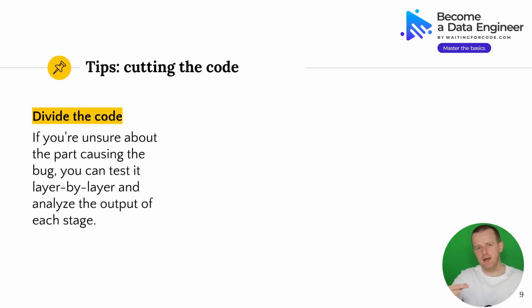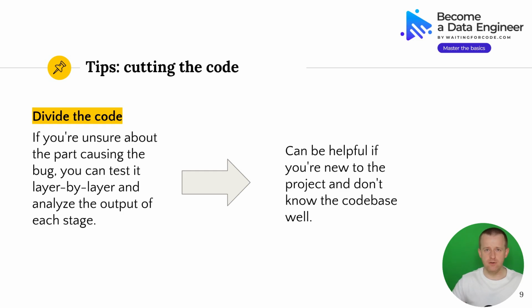If they succeed, you test the next 5, or you take the first 5 or 6 ones. If they succeed, you take the remaining ones, so that you can isolate and test iteratively what's going on with the code. It's good when you don't have the code base knowledge, you don't have the project experience, but of course it takes time, because each time you recompile the project, you rerun the code, you see the progress, and so forth and so on.